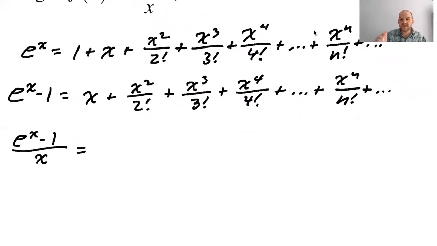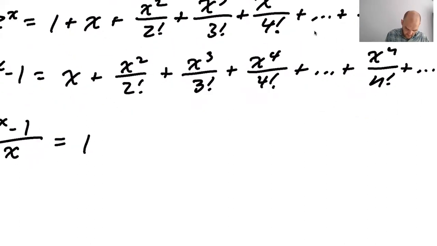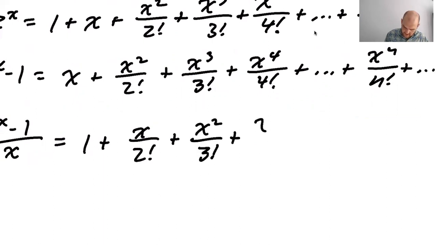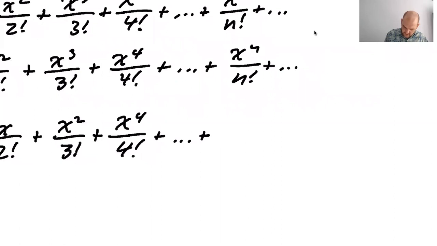We only had 1 to subtract, so that knocked this off. But we're dividing every term by x. So this will be 1 plus x over 2 factorial plus x squared over 3 factorial plus x cubed over 4 factorial, plus, and so on. x to the n divided by x is x to the n minus 1, over n factorial, plus.